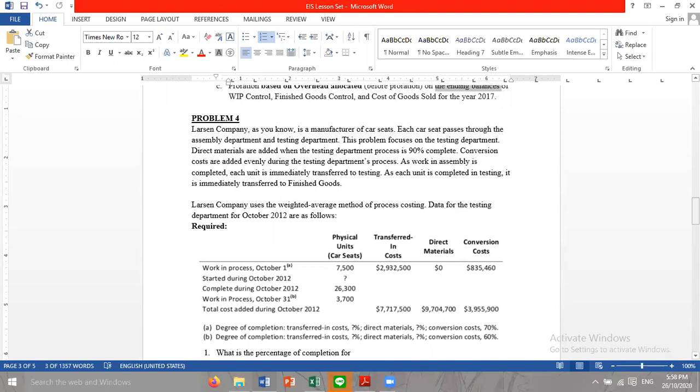Now, in process costing, there are 2 different methods that we'll be using. The first is the weighted average. Weighted average calculates the cost per equivalent unit of all work done to date. So it includes the beginning work in process and divides the cost, including the beginning work in process, based on the equivalent units. The second method is FIFO, or first in, first out.